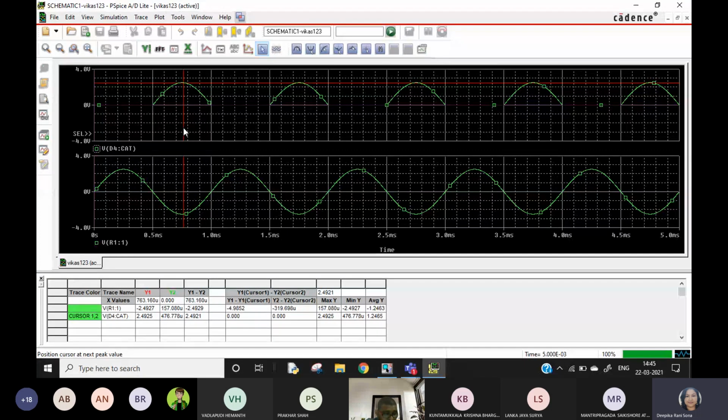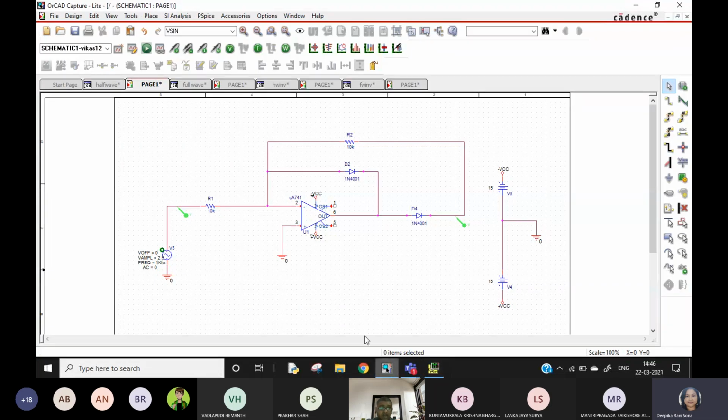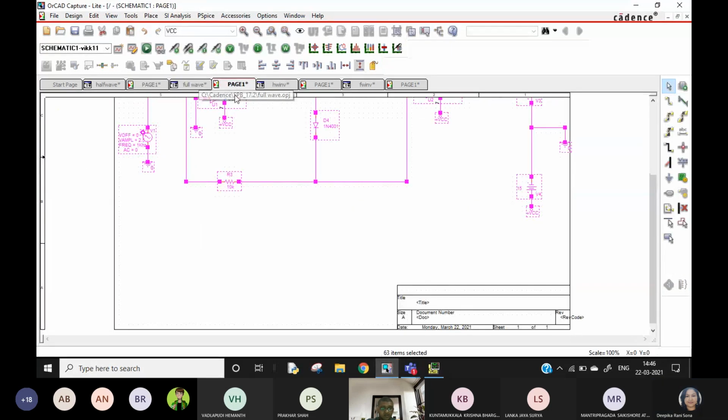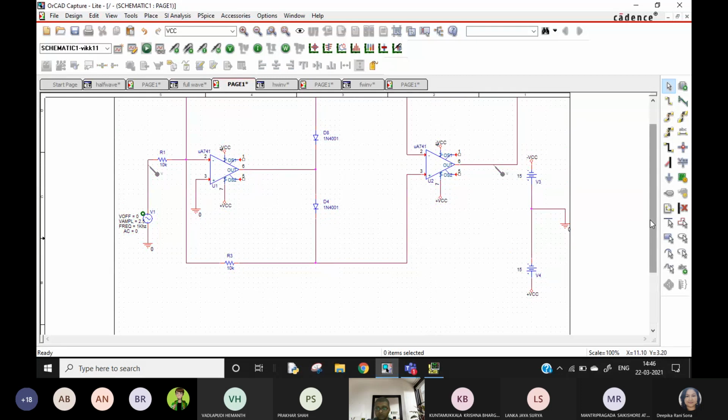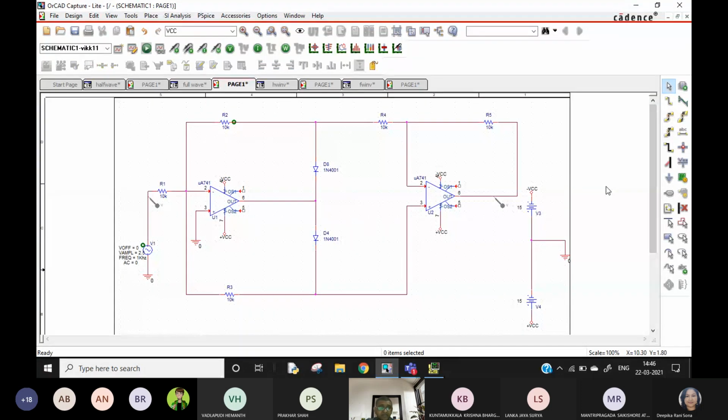Ma'am, for inverting input 2.4927, I'm getting output 2.4925, ma'am. Okay. And this is the full wave circuit, ma'am. Full wave circuit, ma'am. Yes, it is visible.